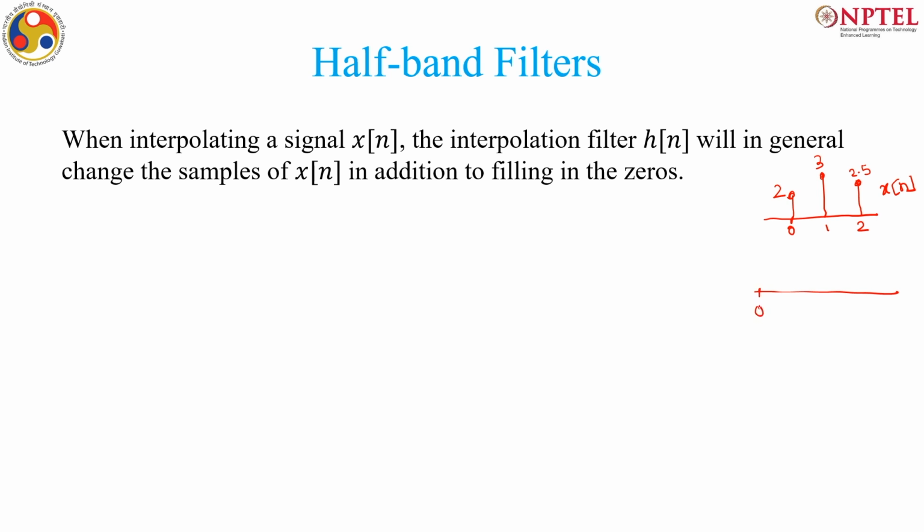I will insert a 0 in between. So, my 0th index will be 2, my second index will be 3 and my index 4 will be 2.5, and I have two more values which are zeros at index 1 and 3, and this is upsampling.